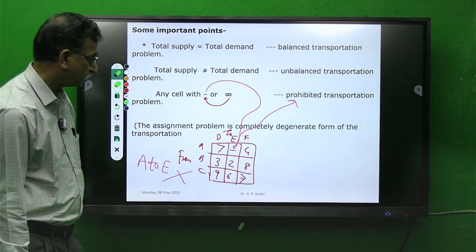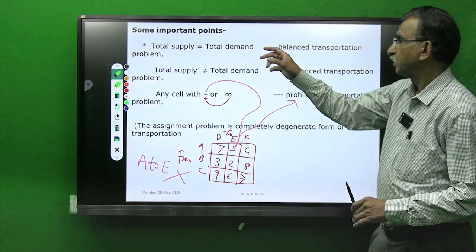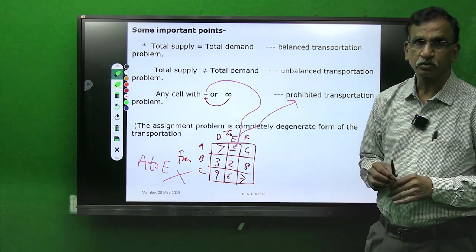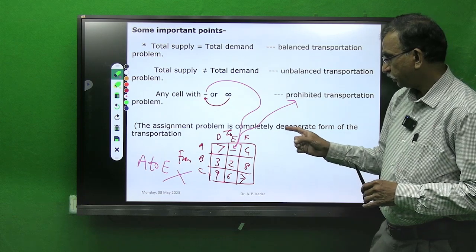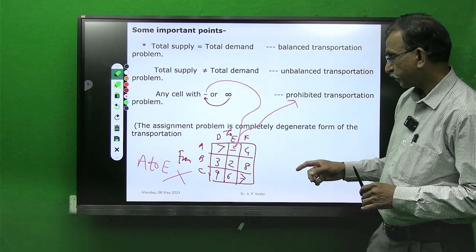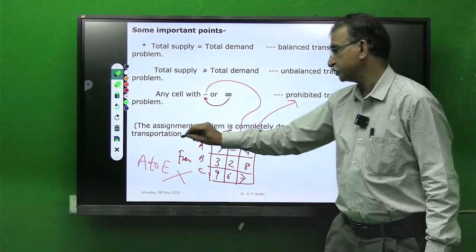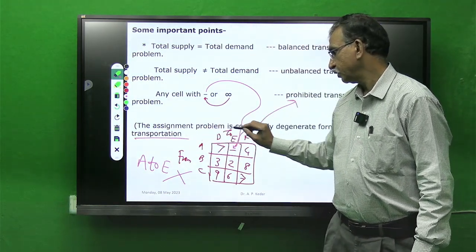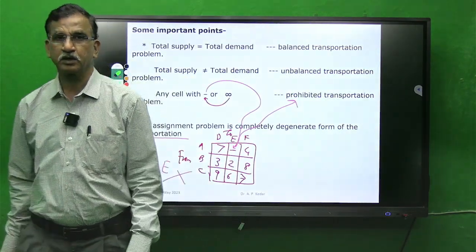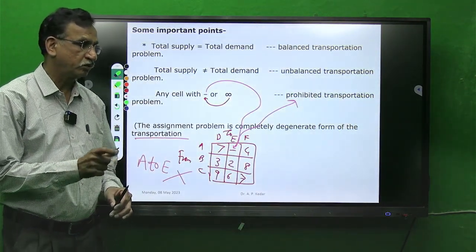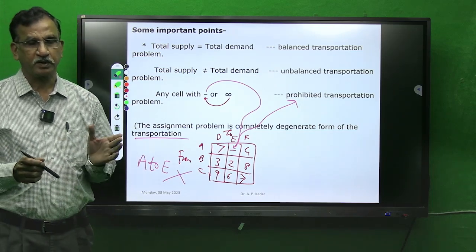This is the preliminary requirement for proceeding to find a solution to the transportation problem. I have written one thing over here. Assignment problem is complete degenerate form of transportation problem. So if you recall our discussion in earlier slides, we have clearly distinguished between transportation problem and assignment problem.